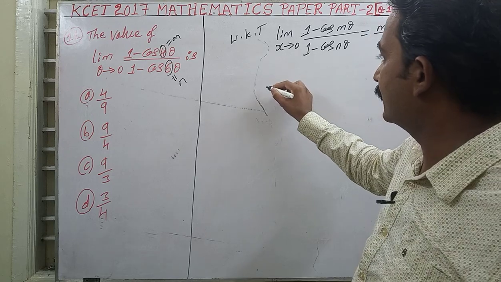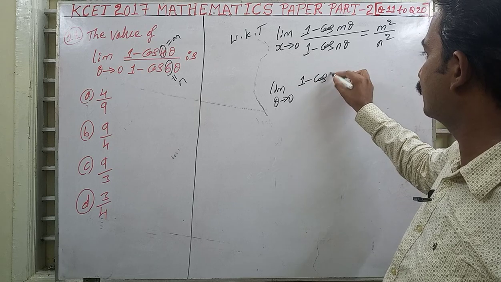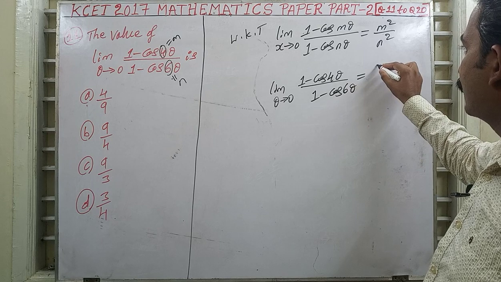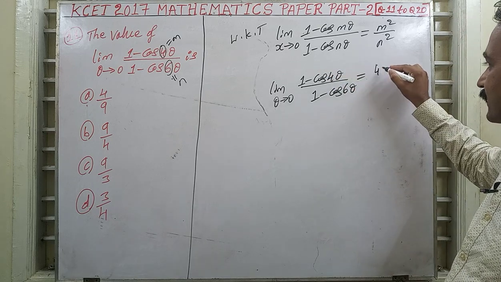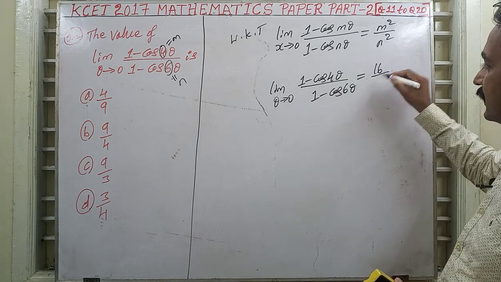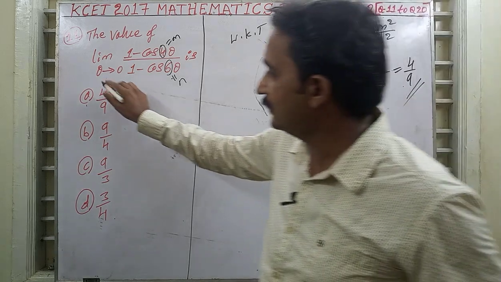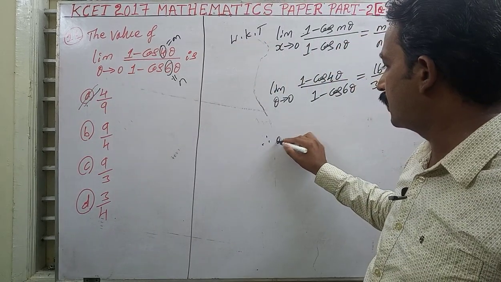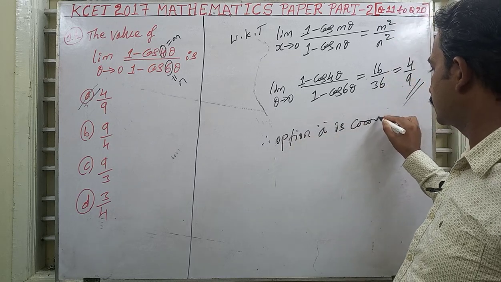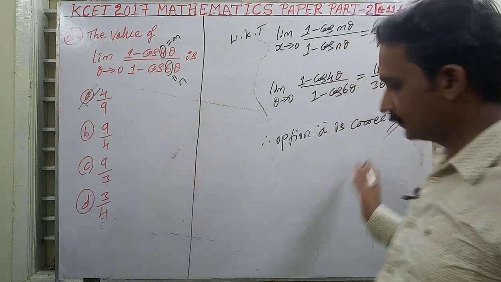So directly we can write the limit as theta tends to 0 of (1 minus cos 4 theta) divided by (1 minus cos 6 theta) is equal to m square, nothing but 4 square, 16, divided by 6 square, 36. 4 fours are 16, 4 nines are 36, so 4 by 9 is the correct answer. Therefore option A is correct. So easy problem. Most of the students solve this question easily.